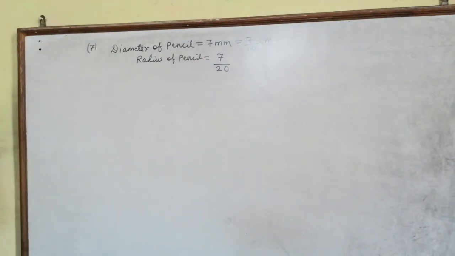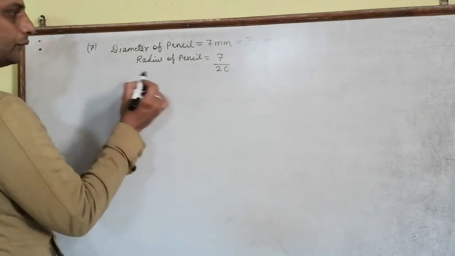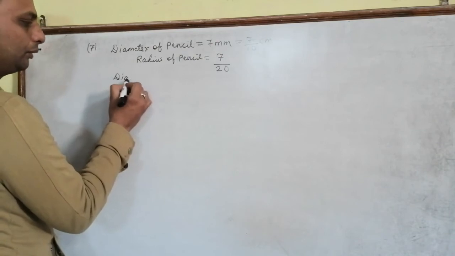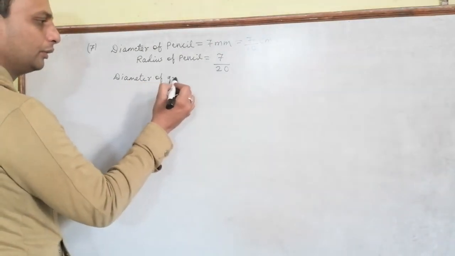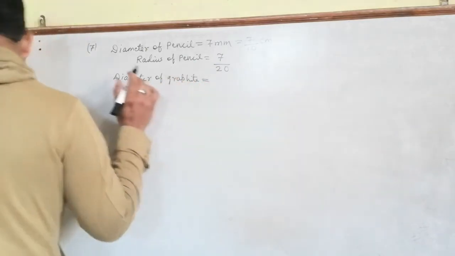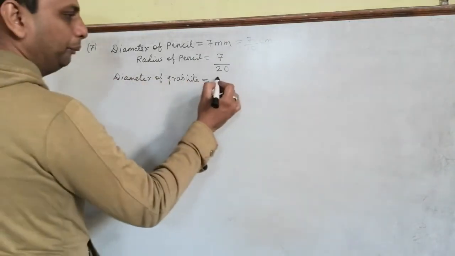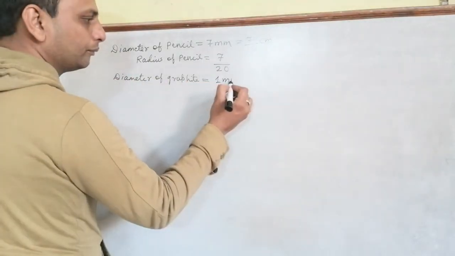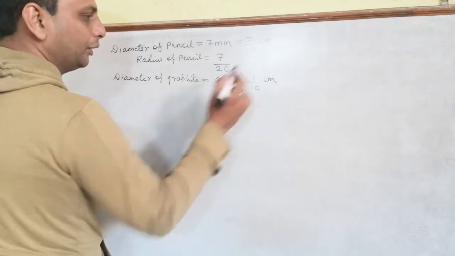Now this we got. Along with that, it is given that the diameter of graphite is 1 millimeter, which is 1 upon 10 centimeter.